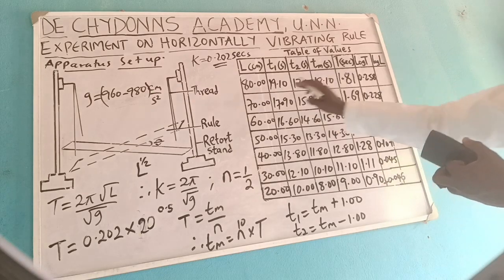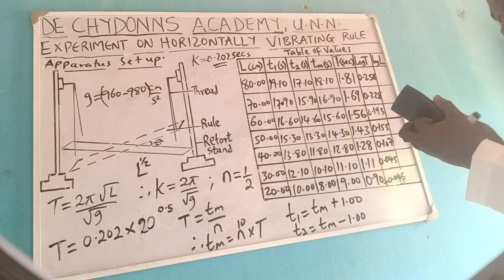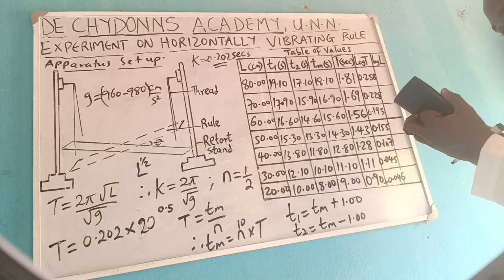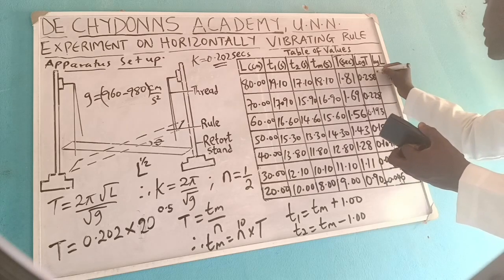What about log L? Get the log of 80, 70. Log 80, 1.90.